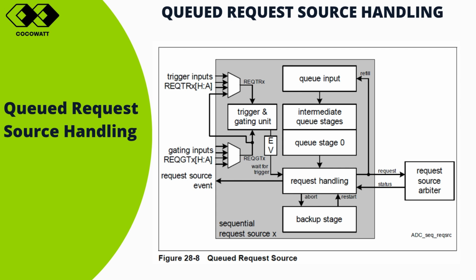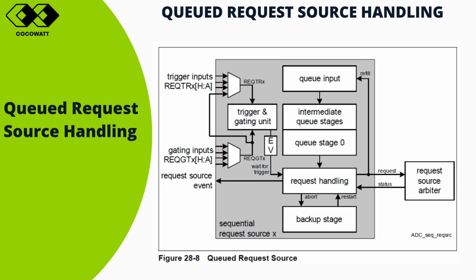The channels to be converted are loaded into the queue, and queue stage 0 always holds the next channel to be converted. A conversion result is only sent to the arbiter when there is a valid channel ready in stage 0. Now, if a conversion gets interrupted, say a higher priority request comes in, the system automatically saves the aborted conversion into a backup stage.